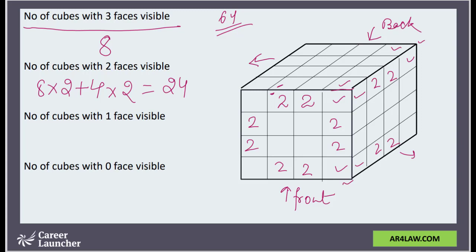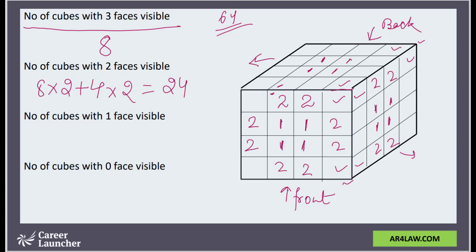Now let's look at how many cubes are going to be there for which we can only see one face. These are going to be the cubes in the middle. For example, on this particular front face, we can see there are going to be 4 cubes in between, in the middle, for which we can only see one face. On the top also there are going to be 4 cubes like that. On the sideways also there are going to be 4 cubes like that.